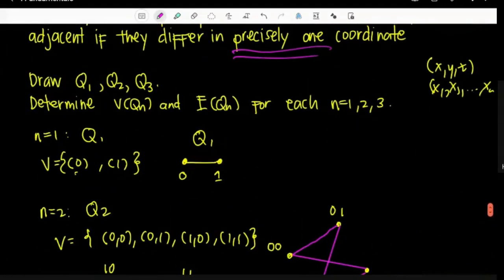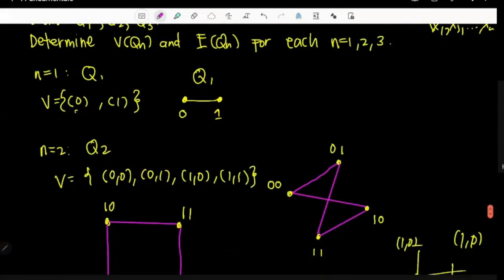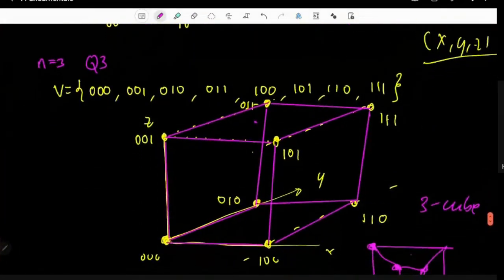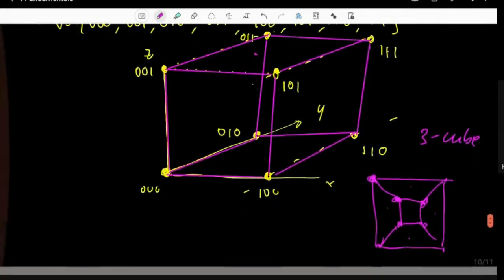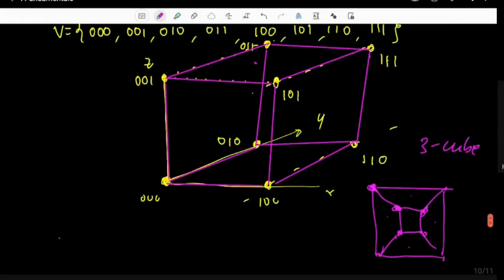So I've already indicated the vertices. To indicate the edges, all you need to do is to write the pairs, or draw the edges, rather, if you want to draw or write it as a graph. Now, for you to ponder upon, there is always an exercise like that. Draw, of course, the next one, Q4.